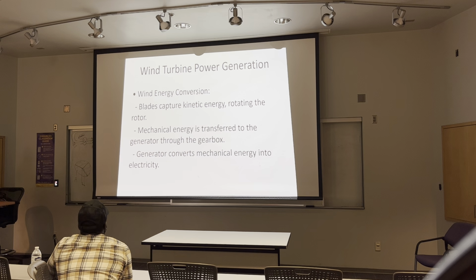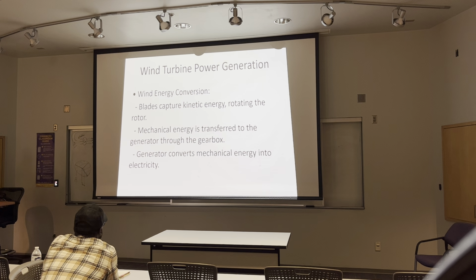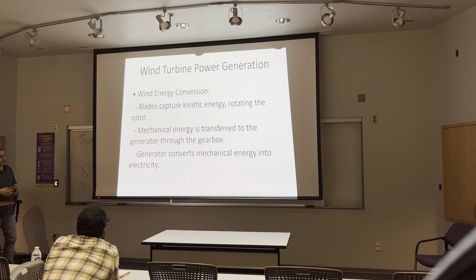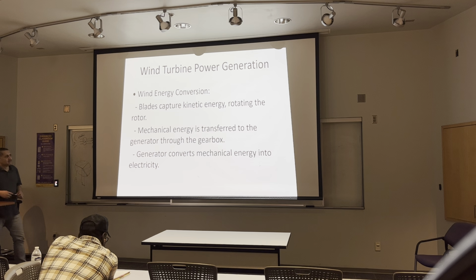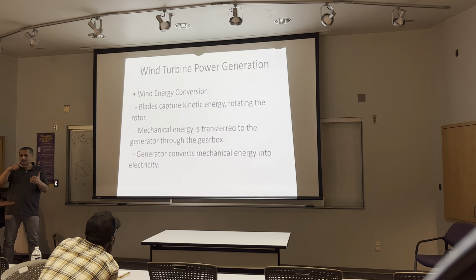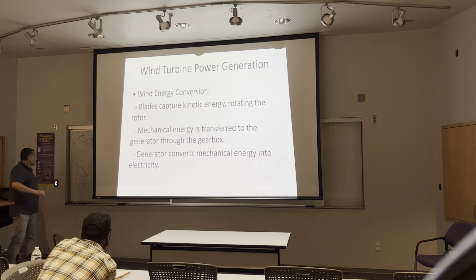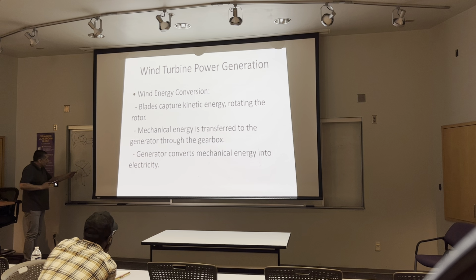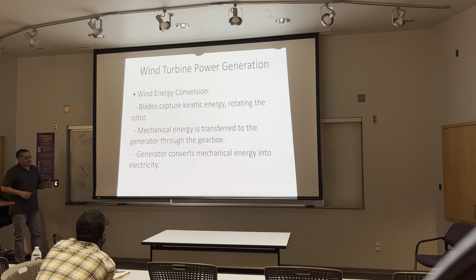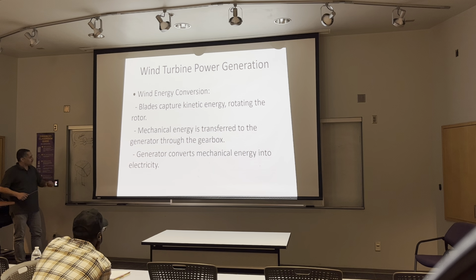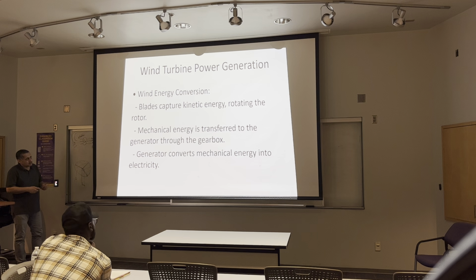We say why we need a gearbox, because we need high speed at the generator. But at the wind blade, at this location, it is low speed, maybe reaching 12 or 14, starting from 12 rotations, but it's low speed.